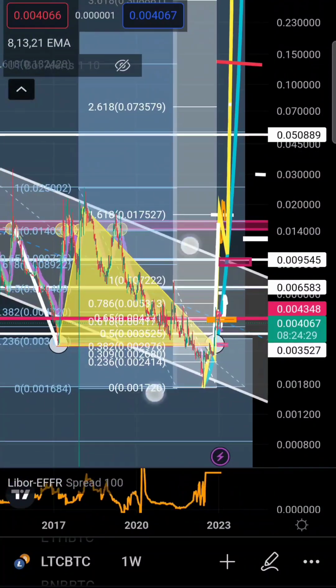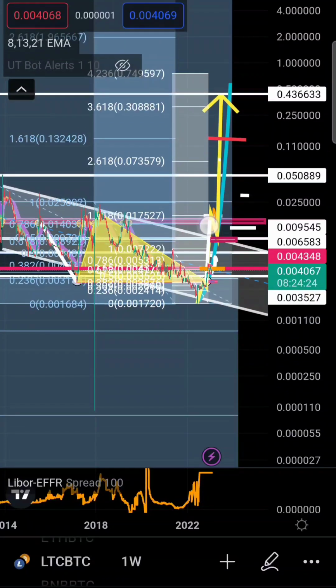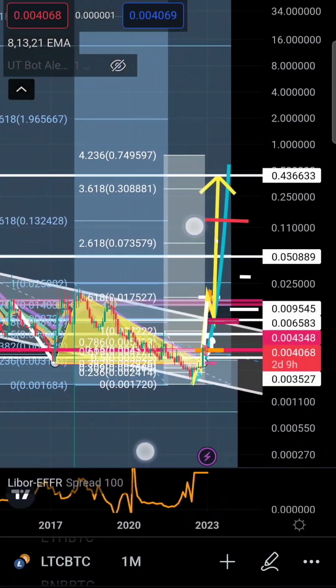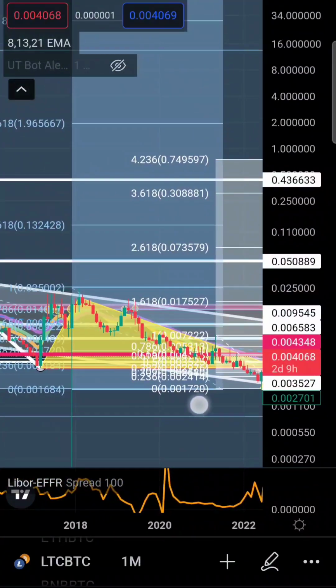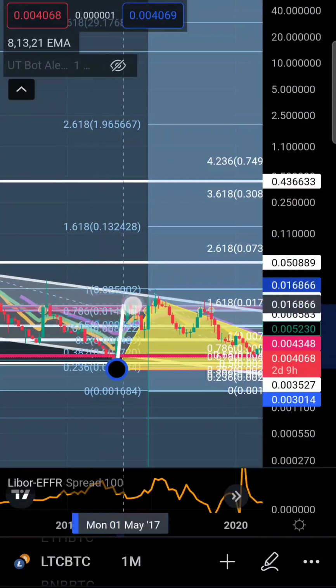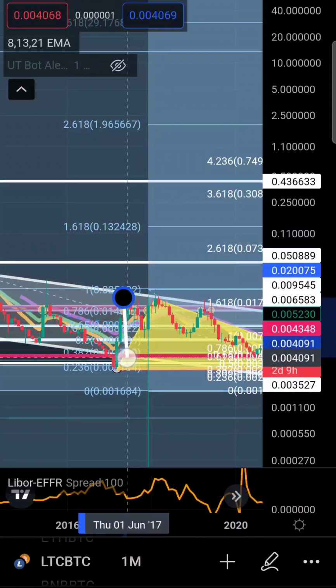and just like the LTC USD chart, once we break out of the long channel, we go up the same distance from top to bottom. So this is what I mean by this.